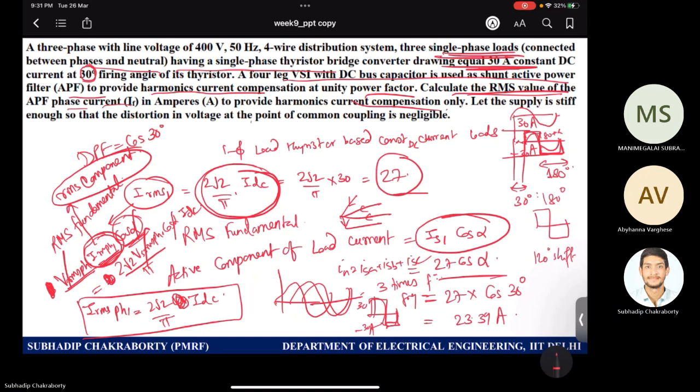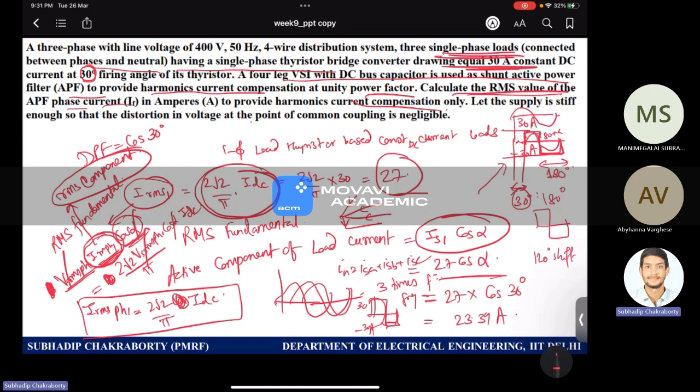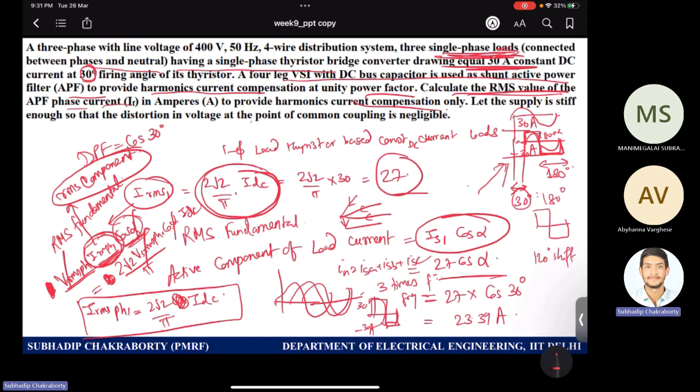But how did you get this 120? Our alpha was 30, right? No, alpha was 30. I am telling this for a single phase. Now you have 3 such single phase loads connected to each of the phases. So this was the analysis for only one phase. For the other 2 phases, such square waves will be there, shifted 120 degrees because the voltages are 120 degree shifted.